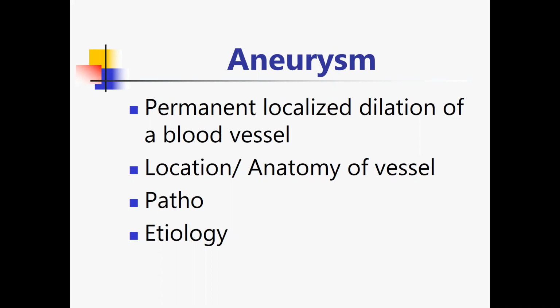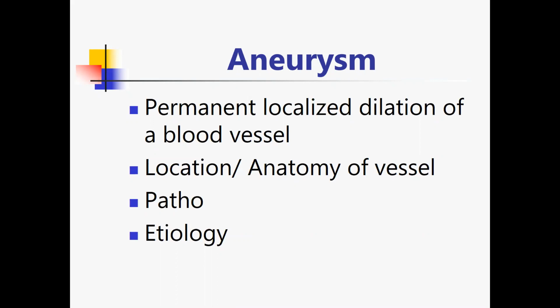Aneurysms can be related to pregnancy, and then also anastomotic type aneurysms. That's after a post-arteriotomy, when an artery has been opened, either grafted because of an infection or an arterial wall failure, the sutures tear or fail and the graft fails, causing an anastomotic aneurysm.